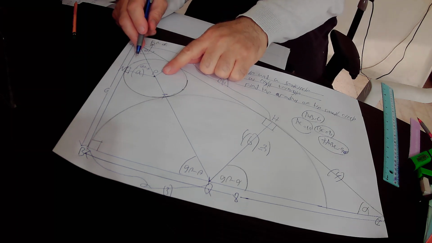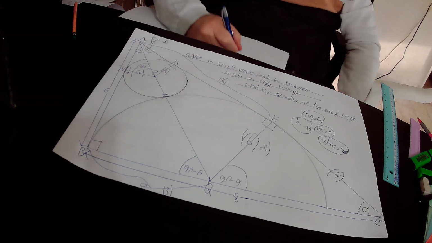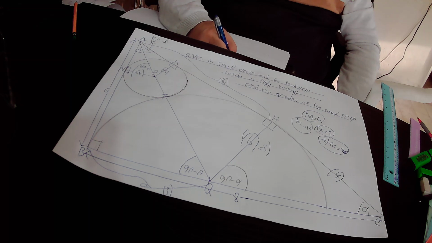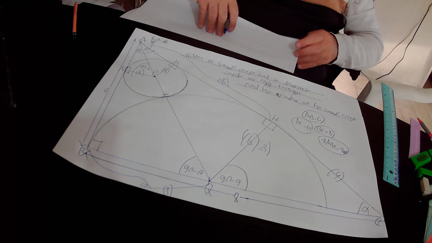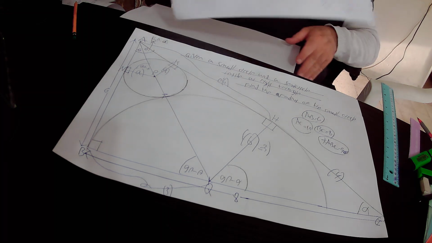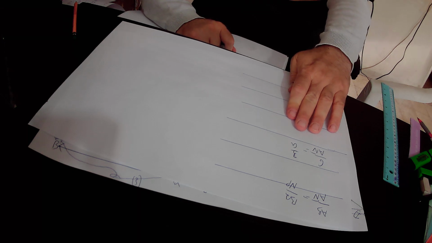NP is the radius that we are looking for. In this equation, it is the radius of this small circle, and it equals a according to our definition. In conclusion, we found out that 6 over AN equals 3 over a.